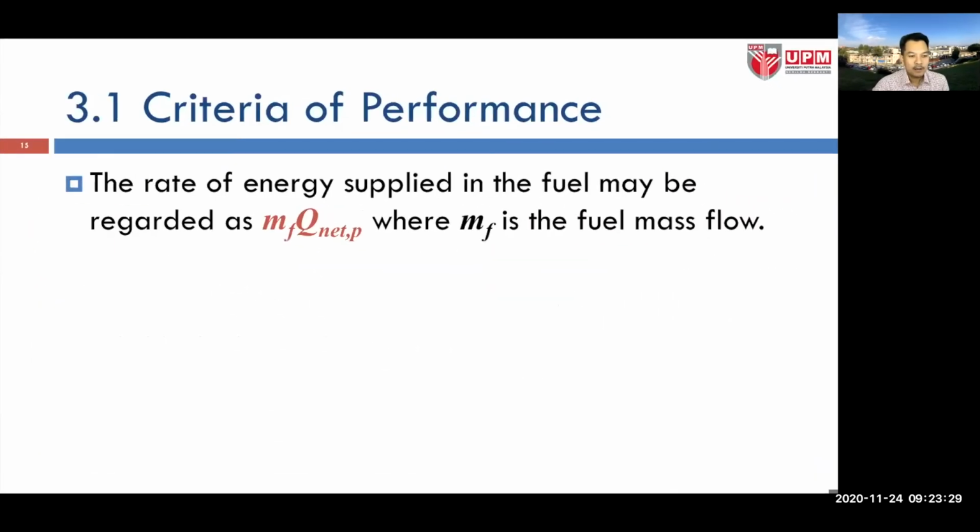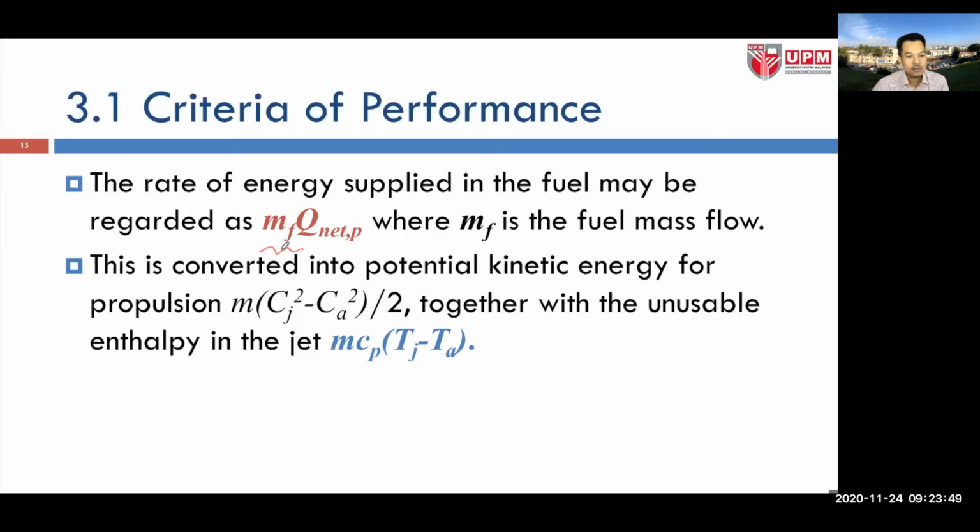So the rate of energy supply in the fuel may be regarded as this expression. Where mf is the fuel mass flow, and this is converted into potential kinetic energy for propulsion.